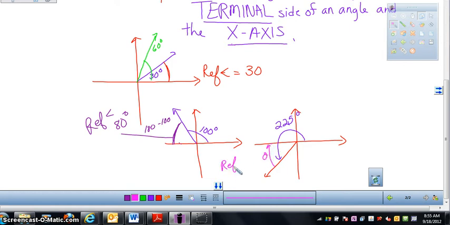With some math again, we know the whole thing's 225, so I take 225 minus 180, because we know this line's 180, and that gives me 45 degrees. That reference angle, 45 degrees. So first quadrant up here, second quadrant, we did 180 minus the angle. Third quadrant, we took our angle minus 180.